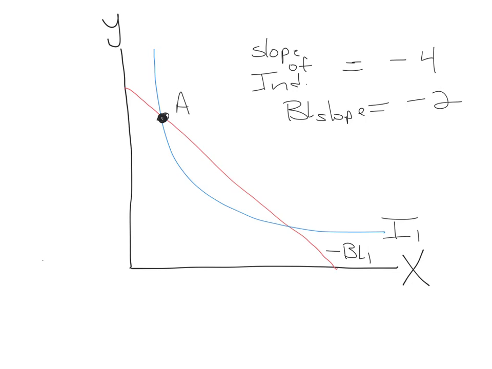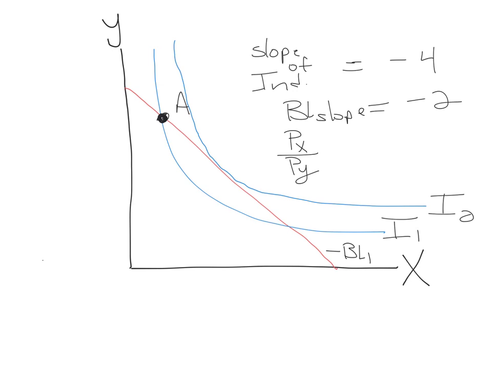And you're not going to have that when the consumer is at a point that is tangent between the budget line and the indifference curve. At that point, the slopes of both curves are the same. Now, one thing that you haven't seen yet from the algebra video is that the slope of the budget line is equal to the ratio of the prices, and you can take this by definition if you want.